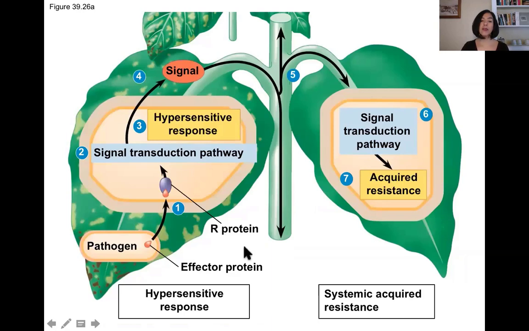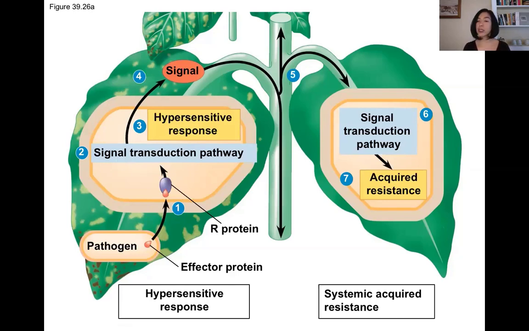Here is a representation of what happens in this hypersensitive response. We have the pathogen that is going to produce an effector protein. This protein is going to be recognized by a protein from the plant, the R protein. And when this effector is recognized, it triggers these pathways, the signal transduction pathways, to allow for the right response. And as I mentioned, it could be cell death.